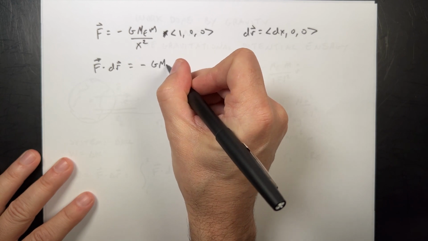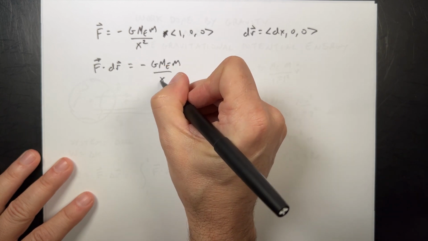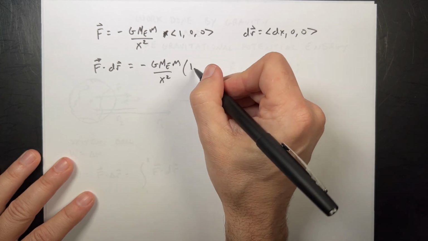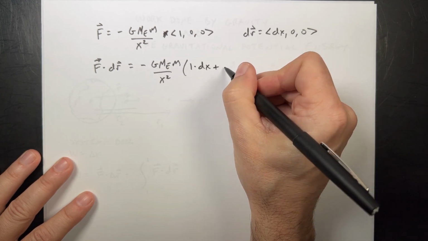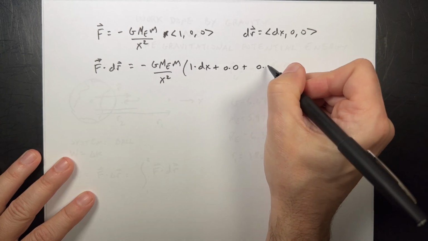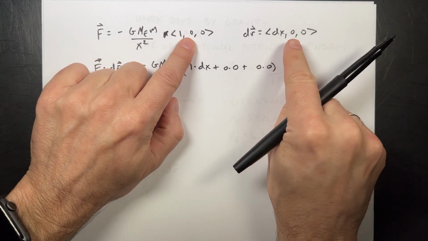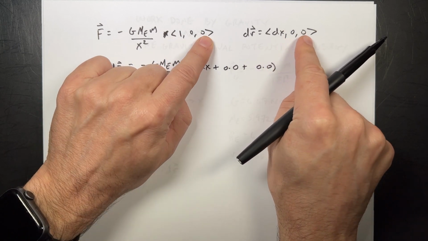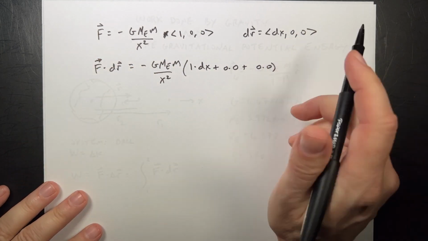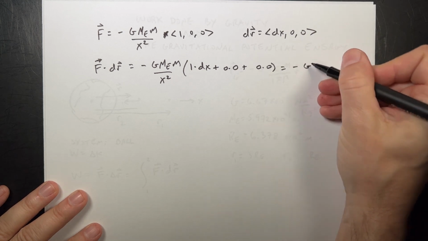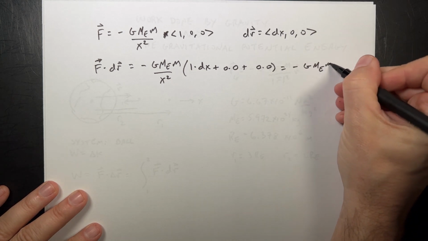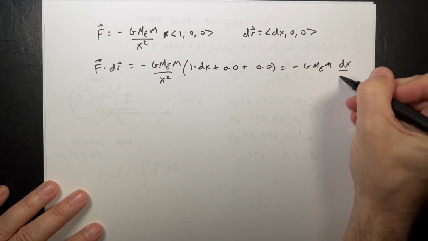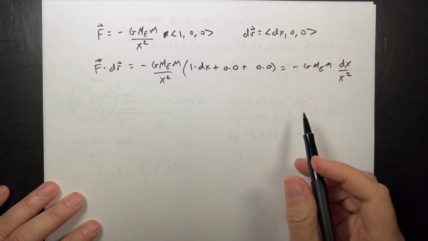Negative G, mass of the Earth, mass, over x squared, and then I'm going to get 1 times dx plus 0 times 0 plus 0 times 0, right? Because with a dot product, you multiply the x components together and add them to the y components multiplied together and add them to the z components multiplied together. So in the end, I get negative G, mass of the Earth, mass, and then I'll put this as dx over x squared.